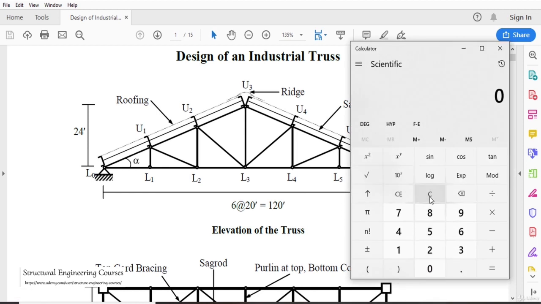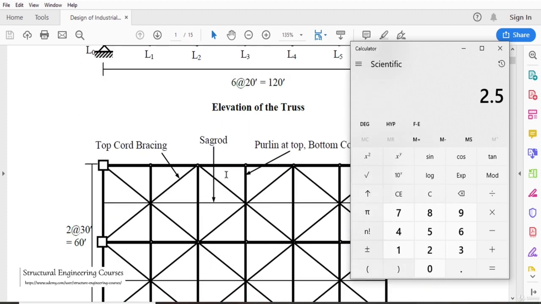If you want to calculate the slope of this truss, it is nothing but 24 divided by 60, that is 1 in 2.5. If you want to calculate the angle, you can just consider this as tan alpha. So alpha is nothing but tan inverse of 24 foot divided by 60 foot.